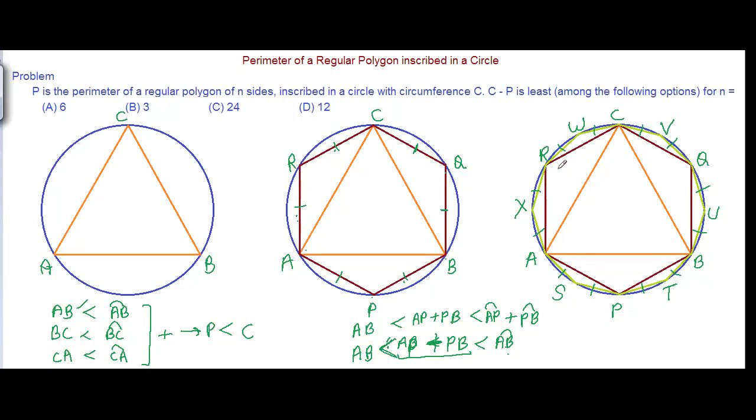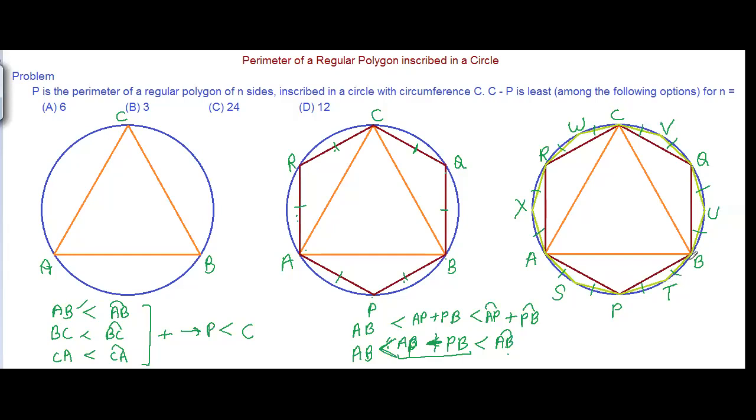The 12-sided polygon will have a perimeter more than the perimeter of the regular hexagon because of the same reasoning: two sides of the 12-sided polygon, if we add, are more than one side of the regular hexagon.